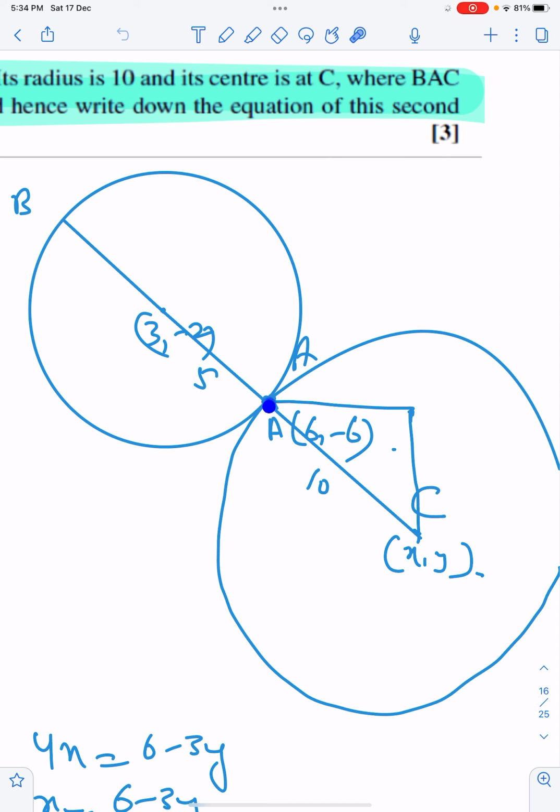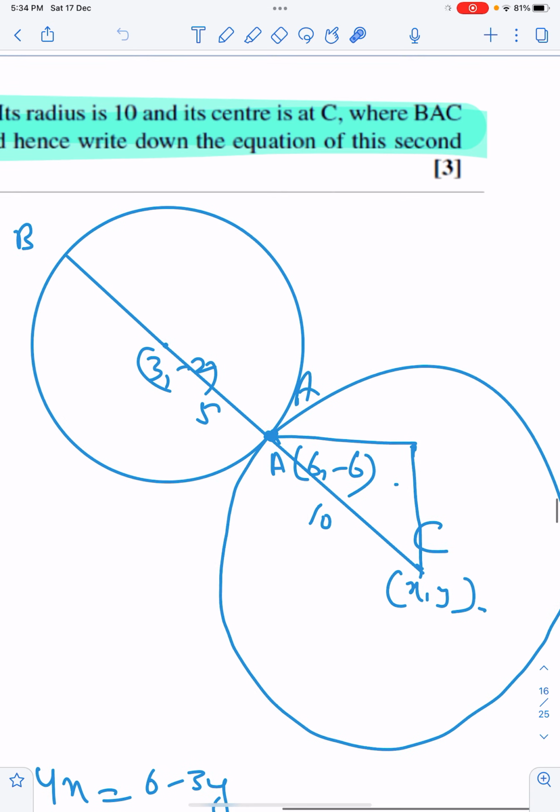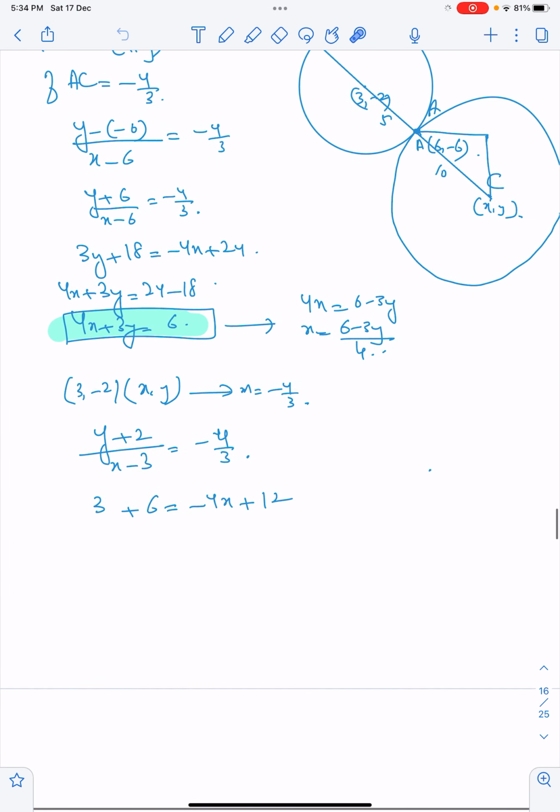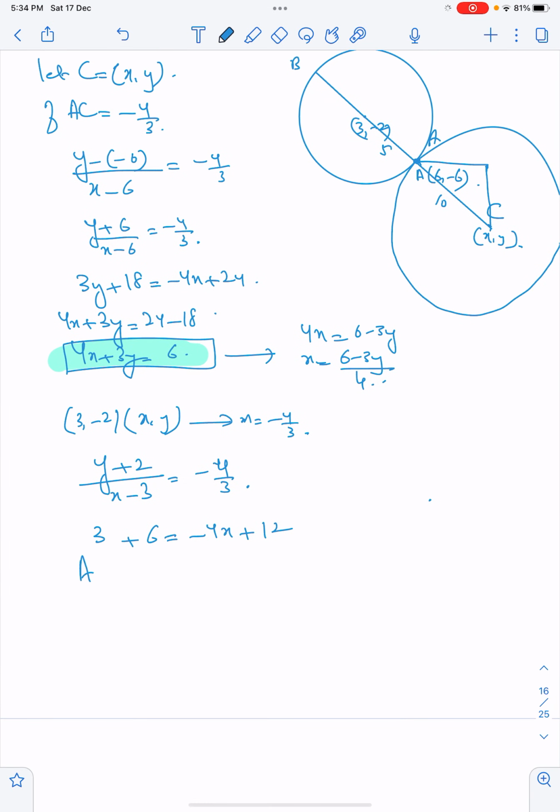That means A is the midpoint of B and C. This distance is 10 because the radius is 5 here, so 10 here, and this distance is 10. That means A is the midpoint of B and C.